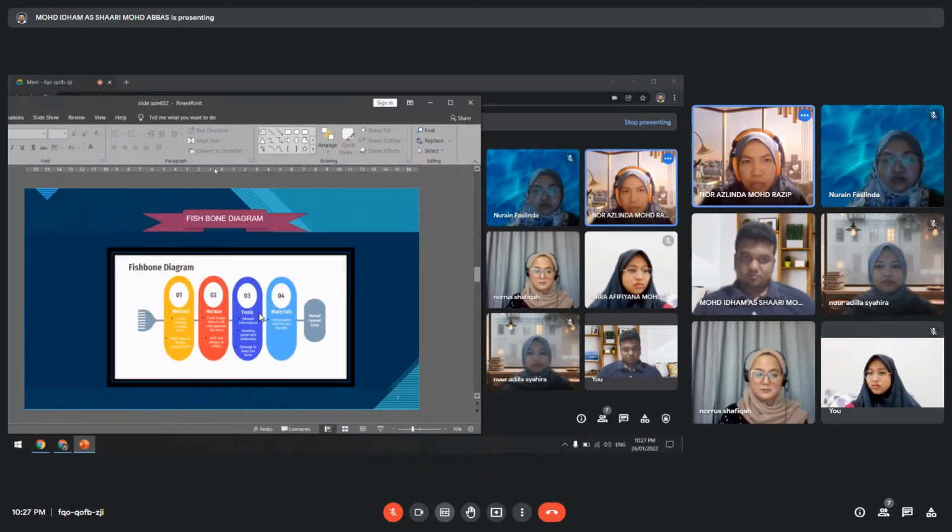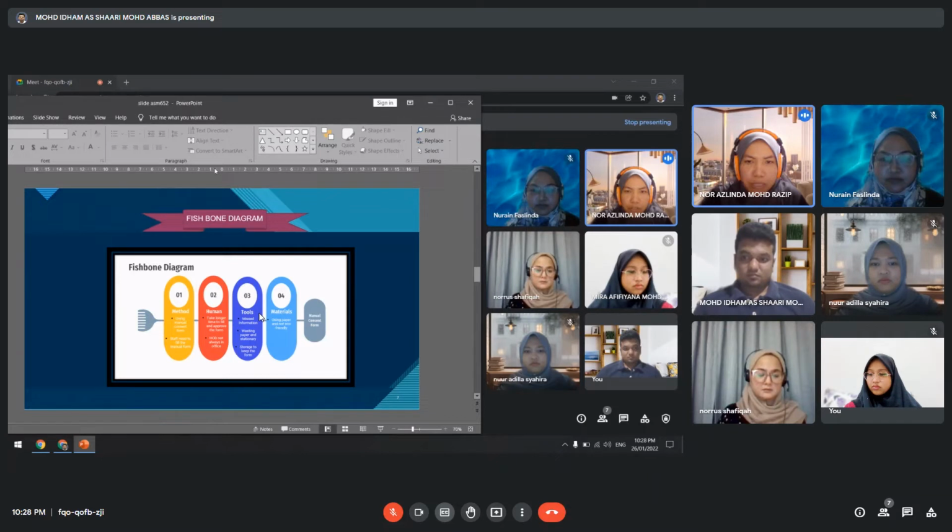Okay, so based on the root cause analysis that I explained just now, we can simplify the root causes in the fishbone concept. First is method: using a manual consent form, and staff need to fill up the form.